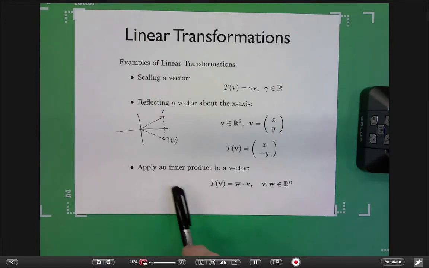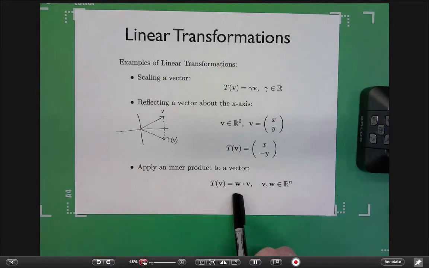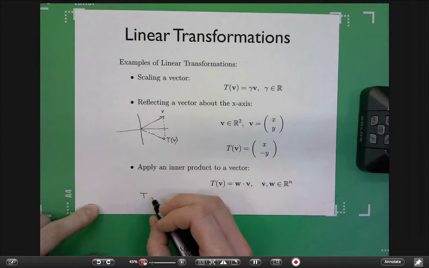A third example is to apply a dot product to a vector. Here let's be a little bit careful. Here the W is fixed. The function only operates on V, so V is my parameter to the function. And what the function returns is the dot product of V with W, where W is fixed. So what is the type of this function T here?